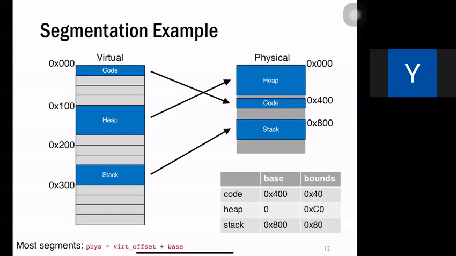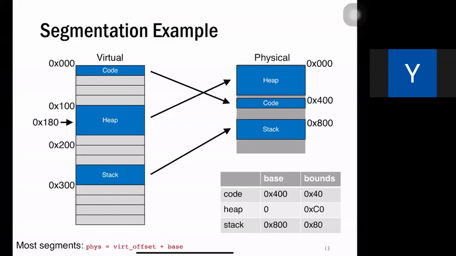The physical address is the sum of the virtual offset plus the base physical address. Basically, what it means is you apply the virtual offset on top of the base value to translate the virtual address into the physical address.